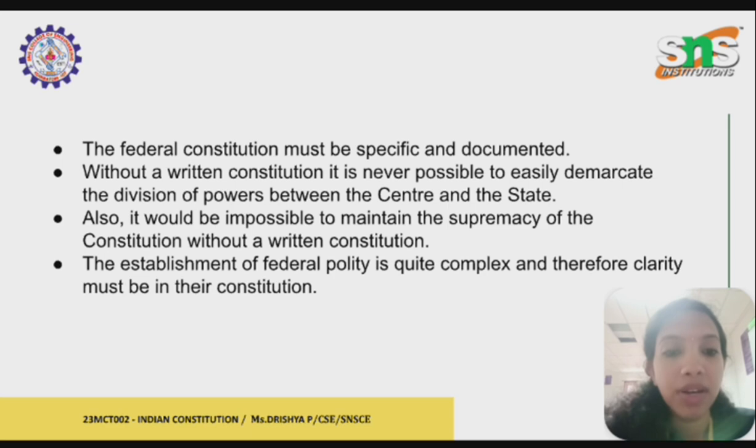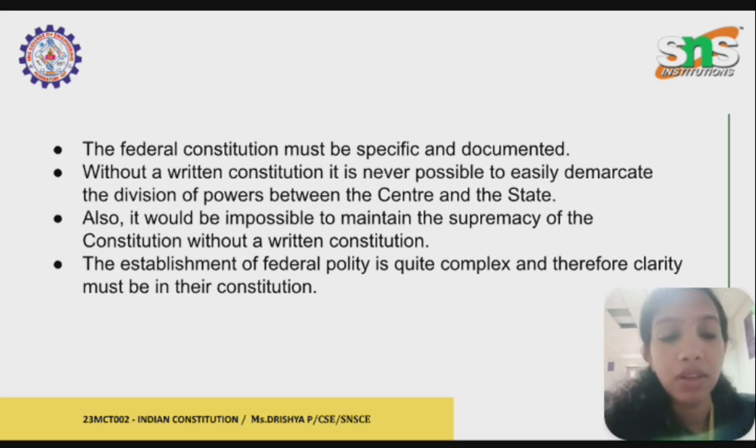The establishment of a federal polity is quite complex, and therefore clarity must be in the constitution. So everything is related to the features of the federal system. Everything is specific and documented, and there is the division of powers between center and state.